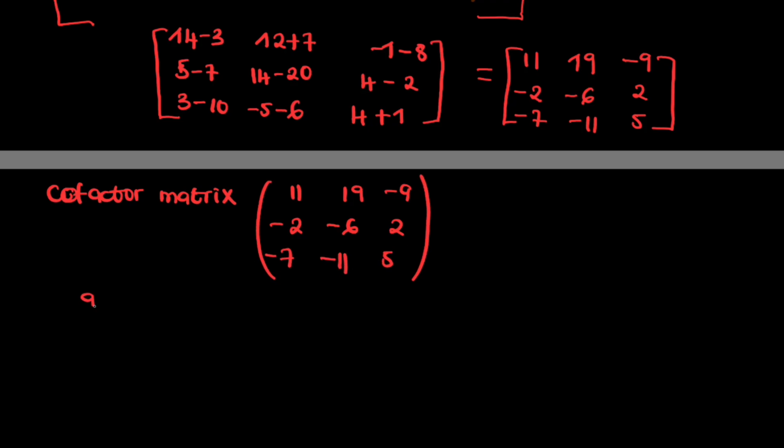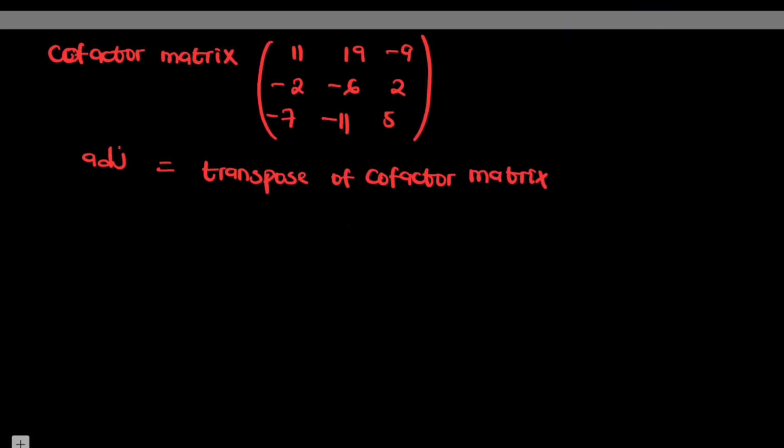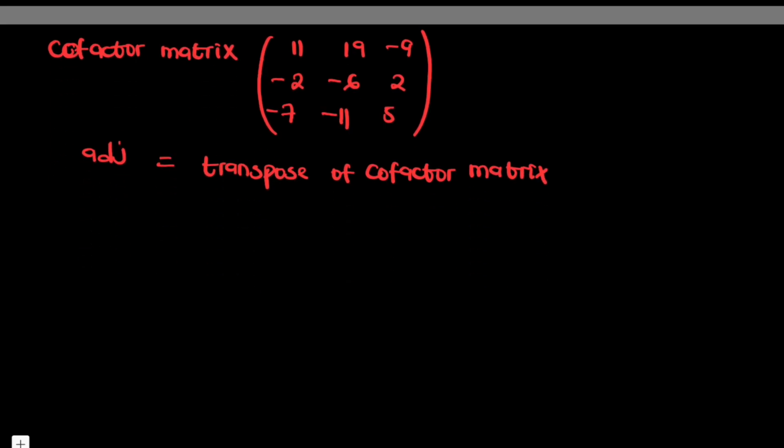So remember, the adjoint is equal to the transpose of the cofactor matrix. So now we need to take the transpose of that matrix. So that is the matrix of cofactors of A. That is that. And now we need to take the transpose, and when we take the transpose, that will give us the adjoint.